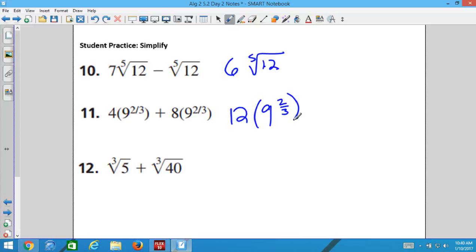So now we have 3 cube root 5's. The same kind of thing that we were doing for the first example today. Break it down. We broke it down into 40.